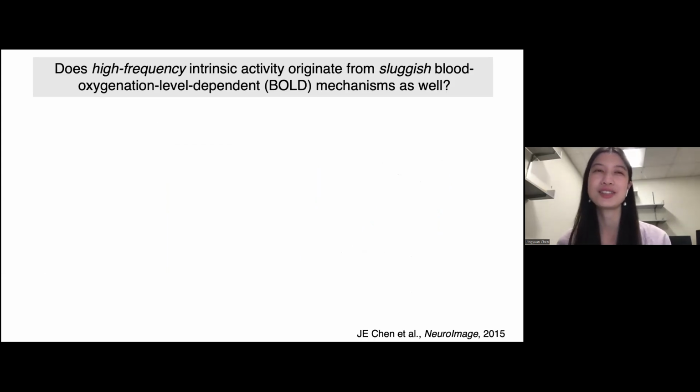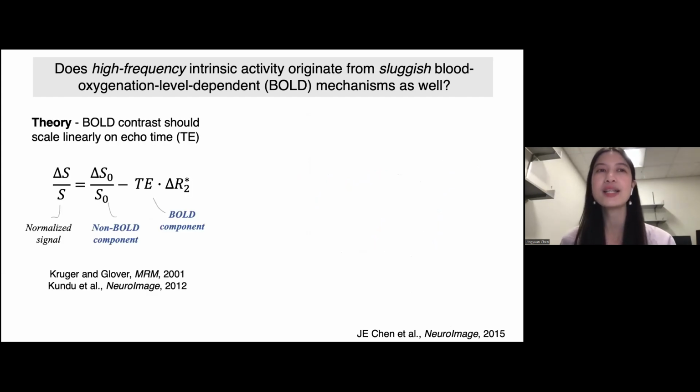So the question we started to look at is whether these higher frequency observations really arise from hemodynamic changes, just like the low frequency signals. One way we look at it is based on the signal characteristics of MR acquisition. Typically, if the signal arises from the hemodynamic response, its percentage signal change should scale linearly as a function of echo time.